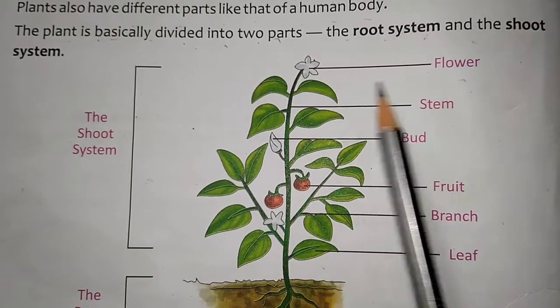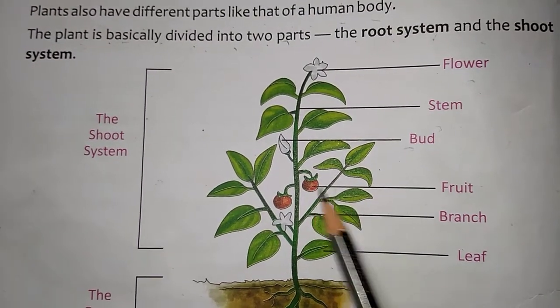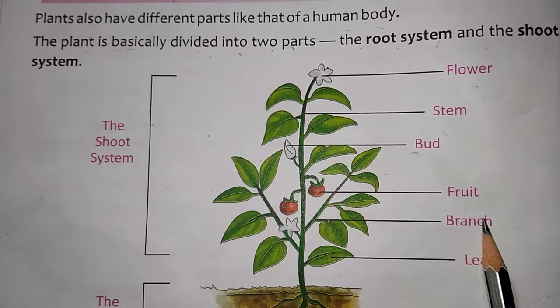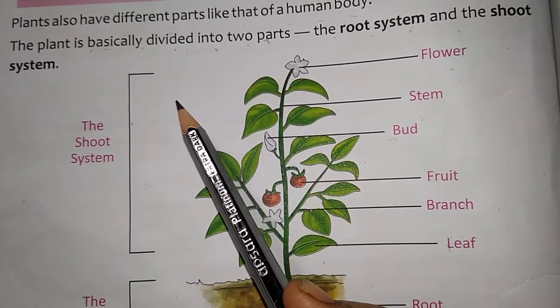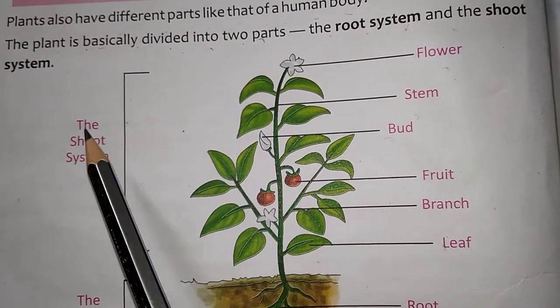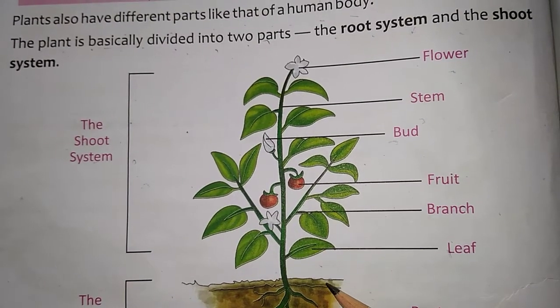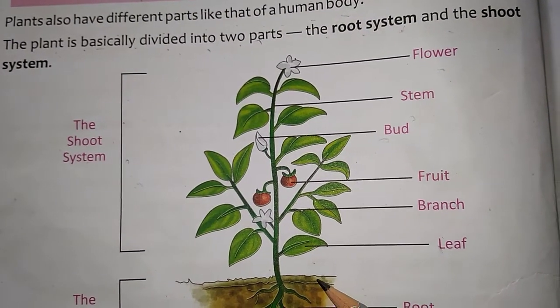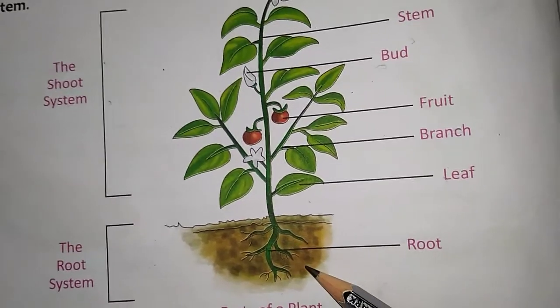This is a flower, stem, bud, fruit, branch, leaf. The shoot system. Up of the ground it is known as a shoot, and down to the ground it is known as a root.